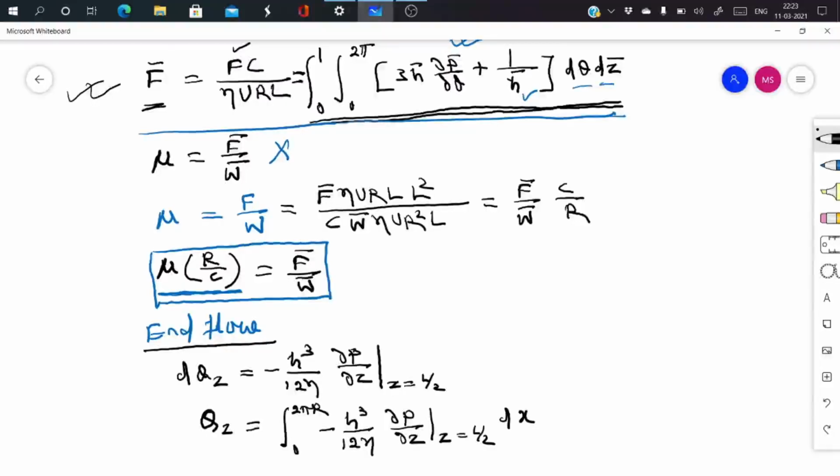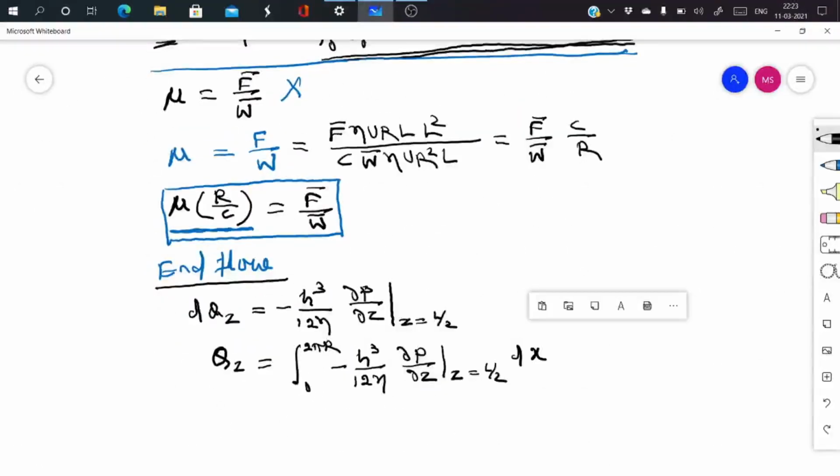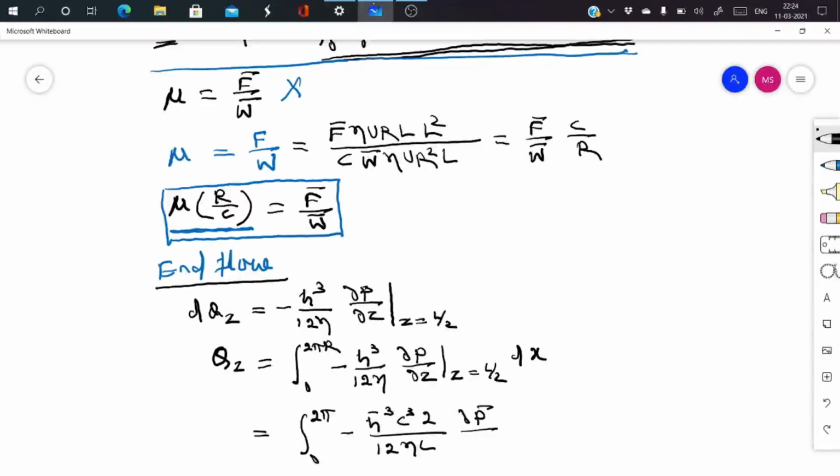We are integrating throughout the circumference. So then it will become, putting in non-dimensional quantities, 0 to 2 pi, minus h bar cubed c cubed divided by 12 eta L, del p bar by del z bar, 6 eta u r by c square, d theta.